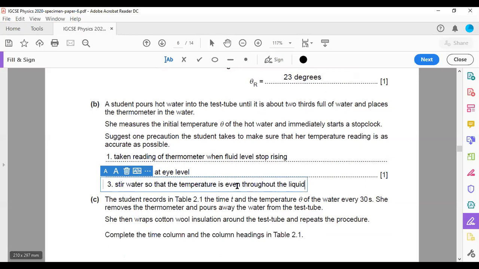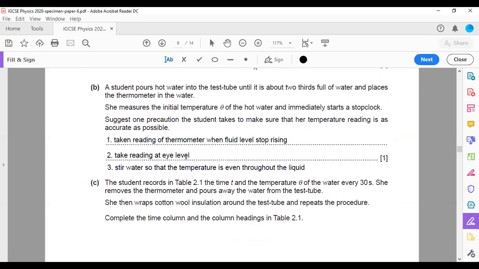The water might be hot, but at certain points it might be degrees off, because parts of the water might be hot and other parts cool. So you stir it up to make sure the temperature is distributed evenly. Good. So that is one of the reasons to get a more accurate reading. So those are three reasons. They only asked for one though.